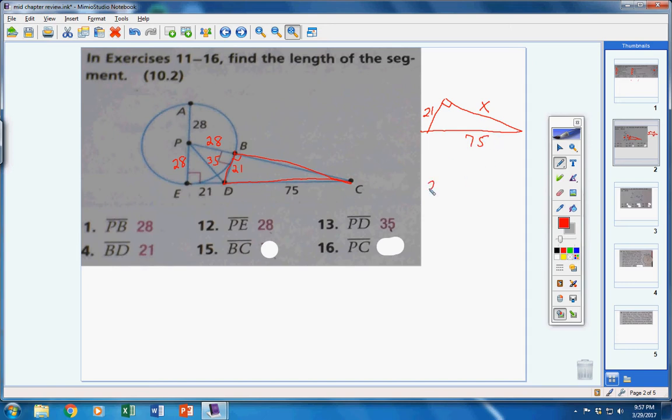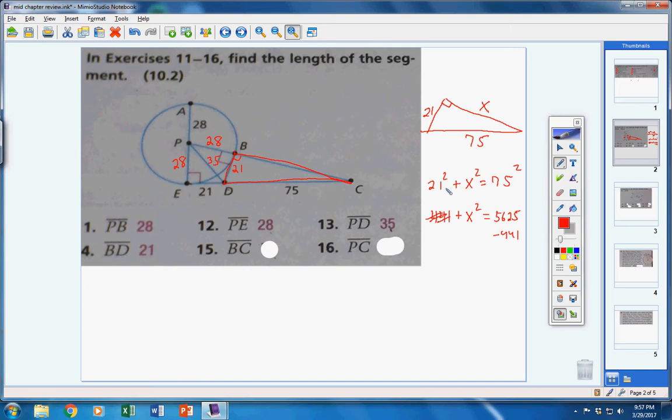So here we go. We know one leg is 21. We know the other leg is X. And the hypotenuse, excuse me, is 75. So 21 squared is 441. X squared, of course, is X squared. And 75 squared is 5,625. Now bring the 441 over and make it a negative 441.